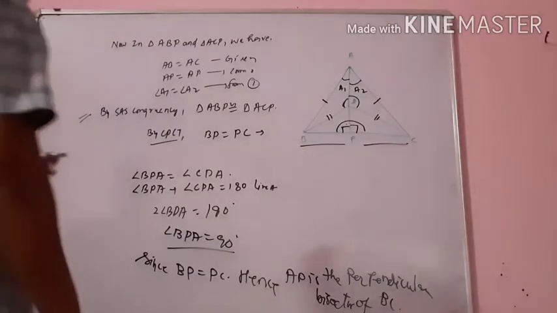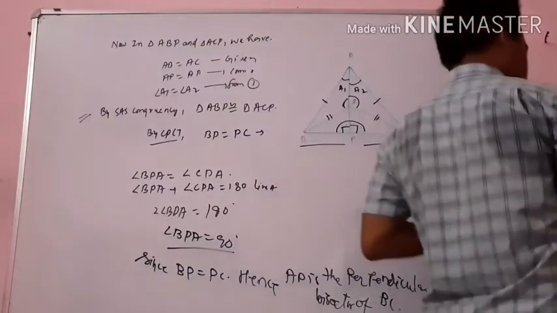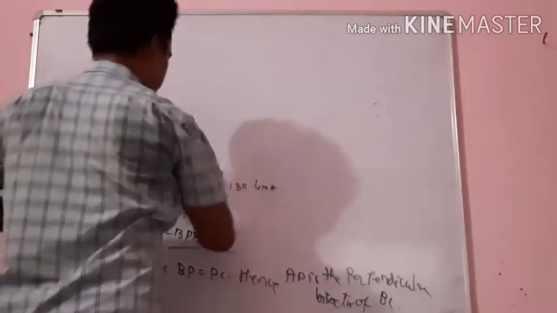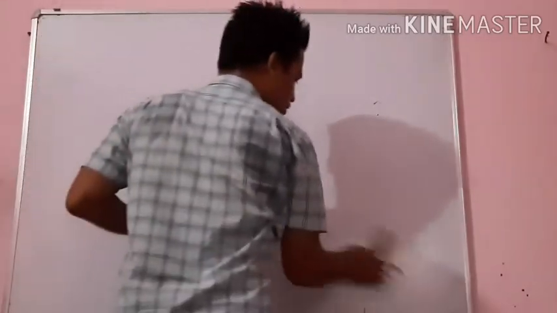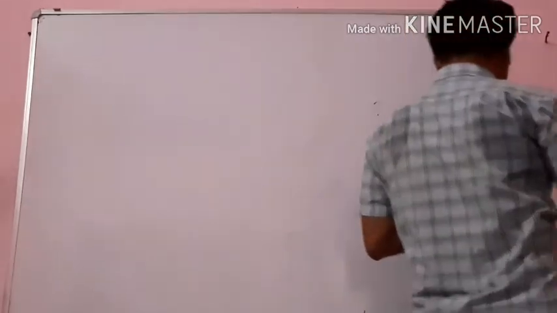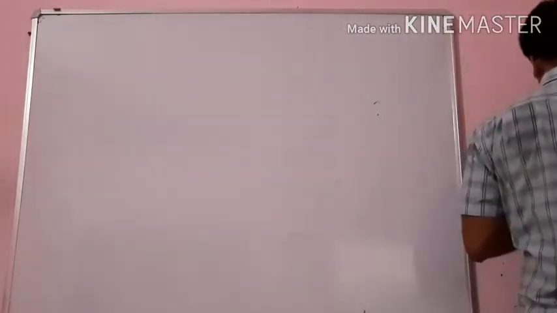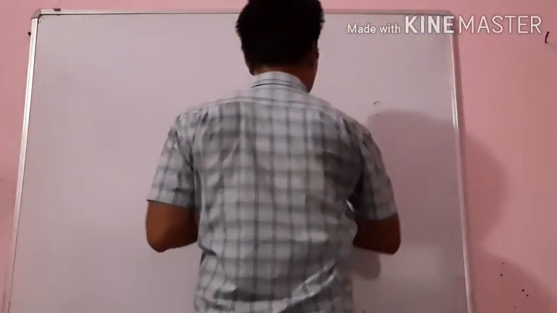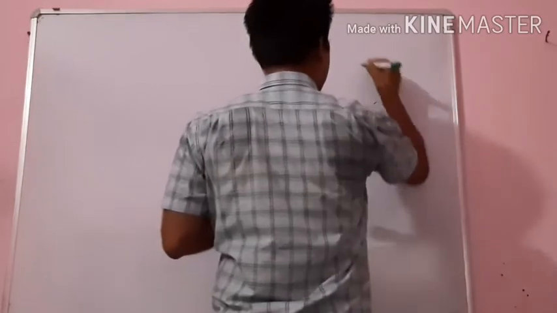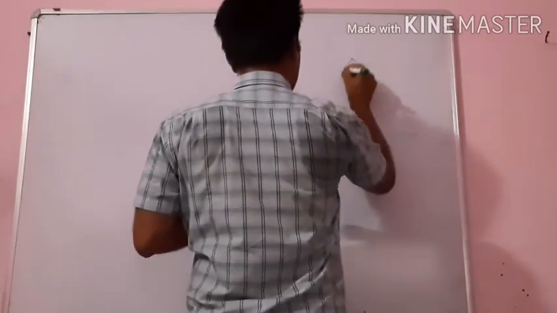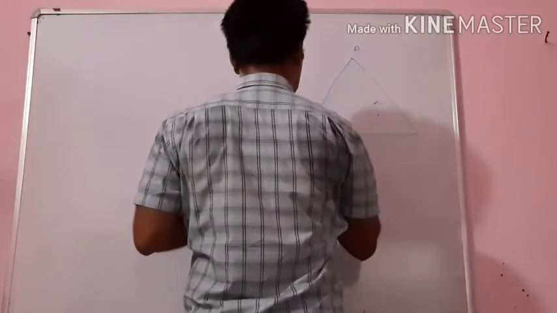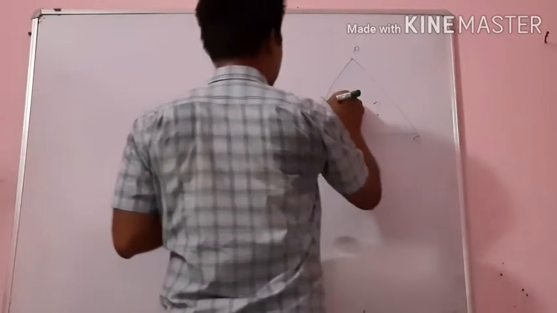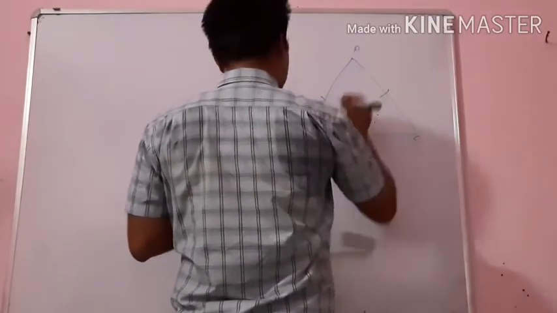Now we will move on to question number 2. What is question number 2? AD is an altitude of an isosceles triangle ABC in which AB equals AC. ABC is an isosceles triangle where AB equals AC and AD is an altitude.